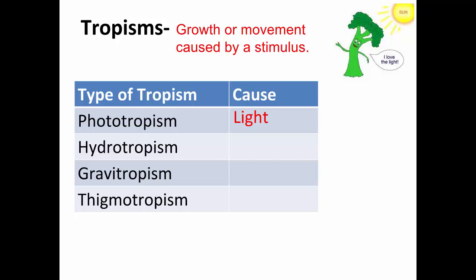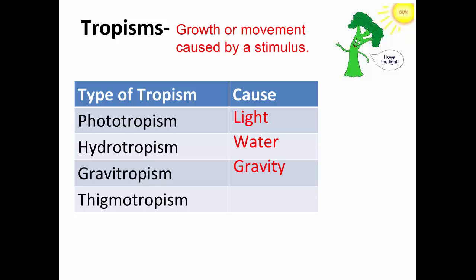And plants can respond to a whole host of stimuli, not just light. Plants can respond to water, in that roots will grow toward a source of water. If you have a plant growing in soil with more water in one area, the roots will grow towards that water. That's a tropism, hydrotropism.